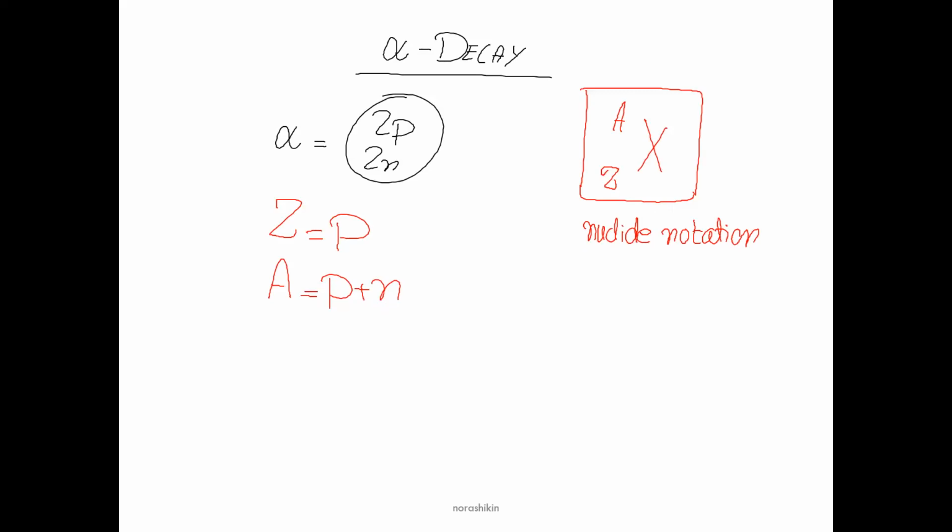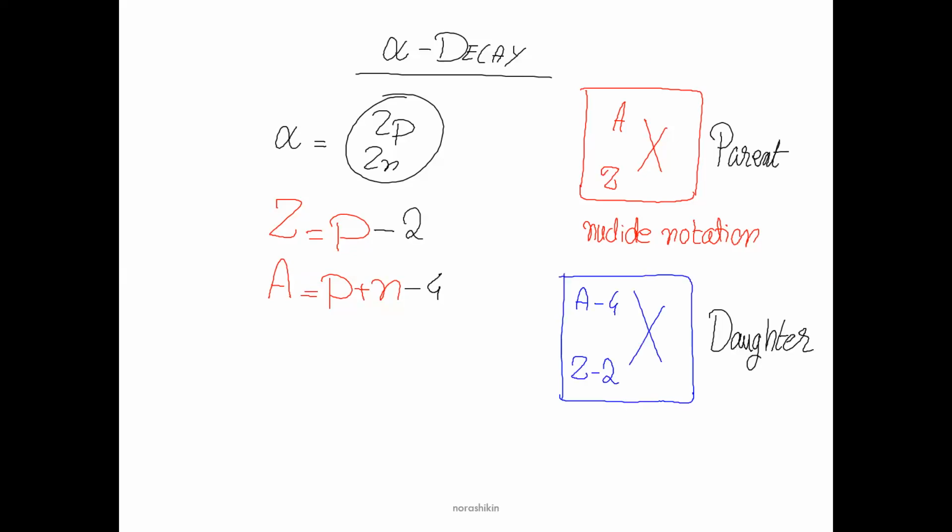Now, I'm starting with alpha decay. Remember that an alpha particle is a packet of 2 protons and 2 neutrons. So when an alpha particle is released, the atomic number decreases by 2 and the mass number decreases by 4.